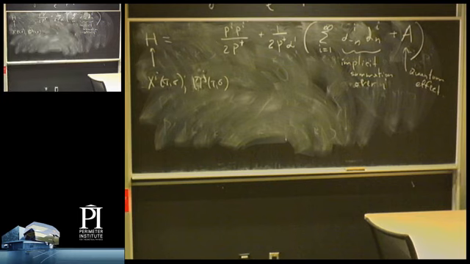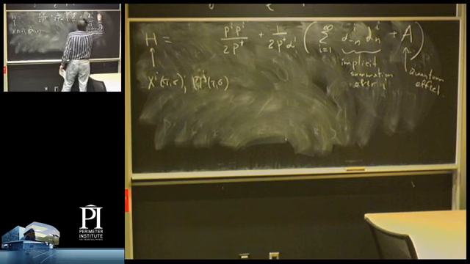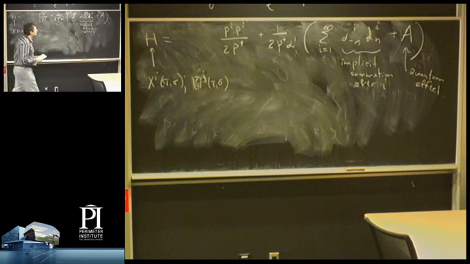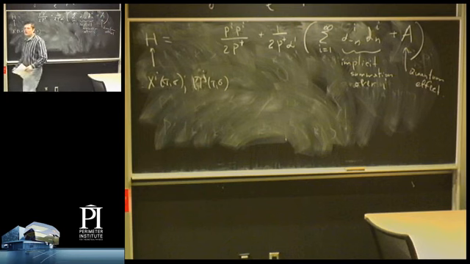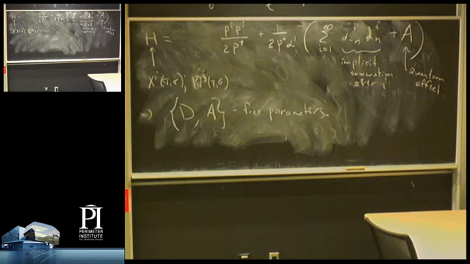Once those coefficients become operators, there can be an ordering constant, and let's call this ordering constant A. This is purely a quantum effect. This possible constant arises because there is an ambiguity in how I order my raising and lowering operators.